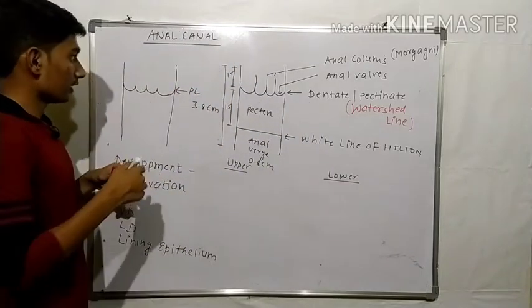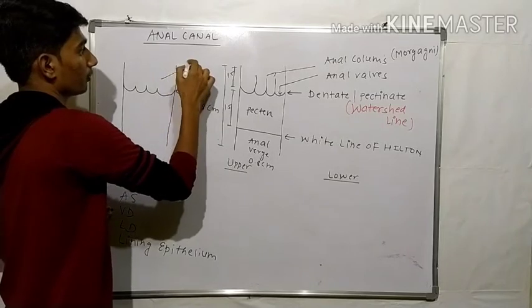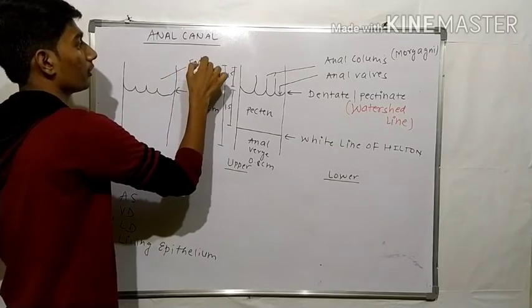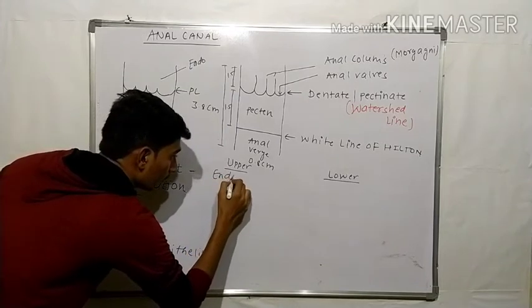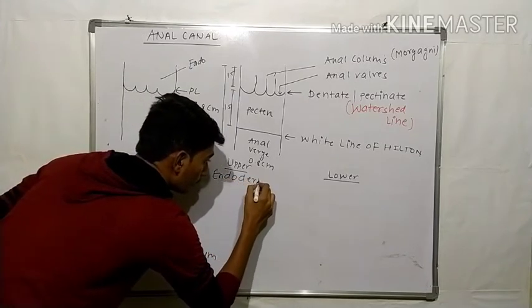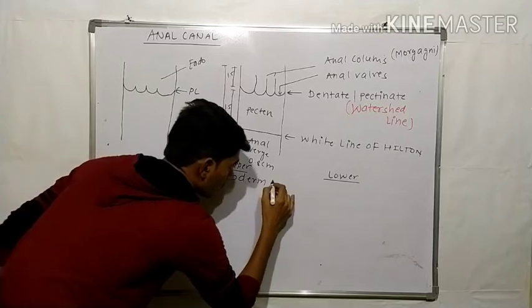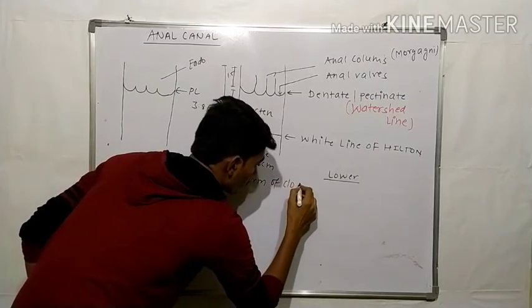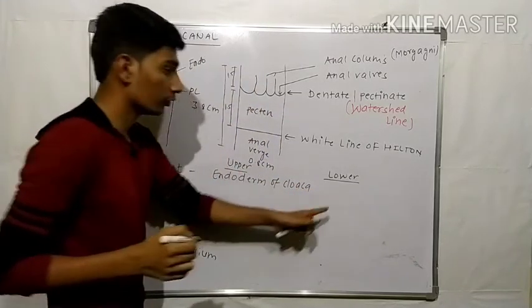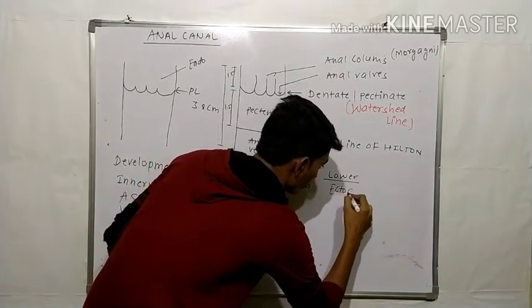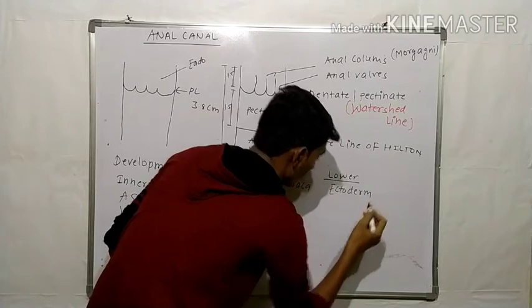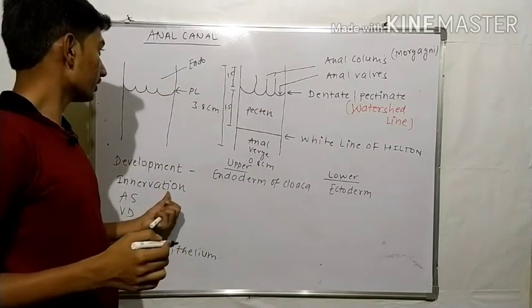So the upper part of the anal canal is derived from endoderm of cloaca. Lower part is derived from ectoderm. Now, innervation.